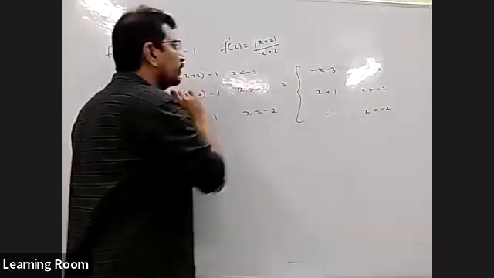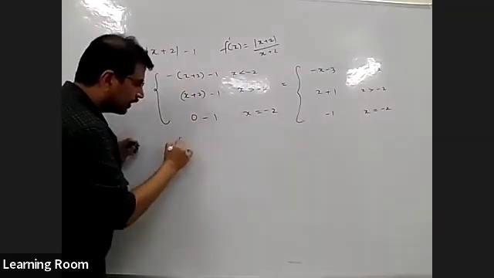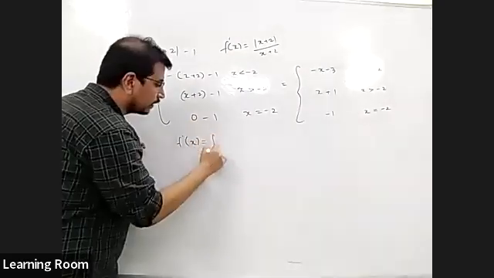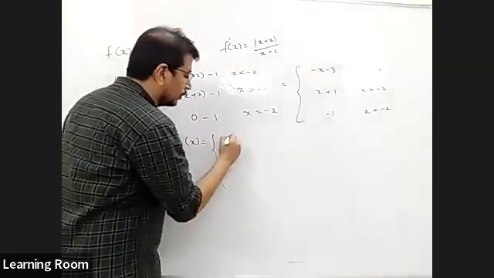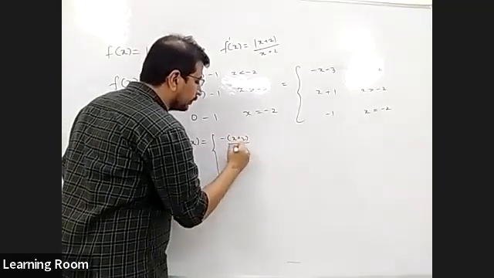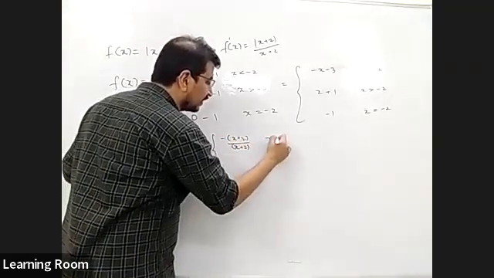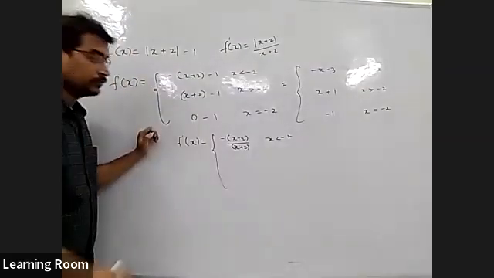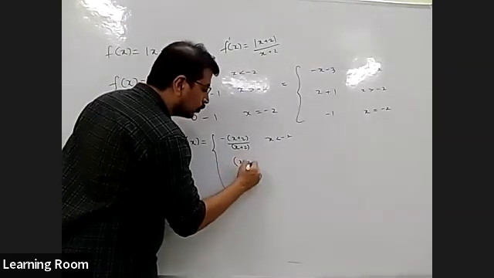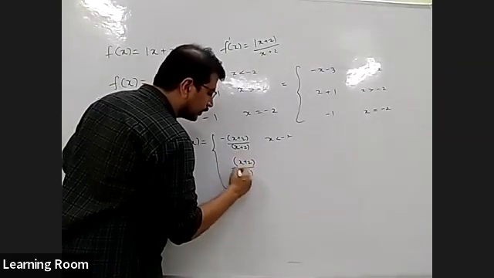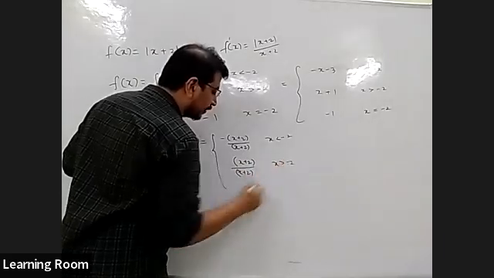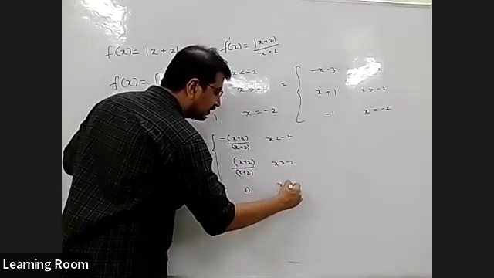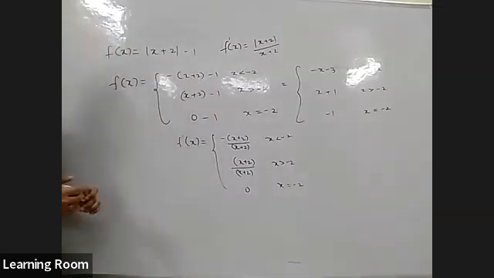Then f dash of x you will write like this: minus of x plus 2 divided by x plus 2 when x is less than minus 2, x plus 2 divided by x plus 2 when x is greater than minus 2, 0 when x is equal to minus 2.